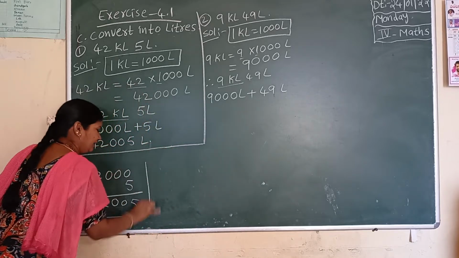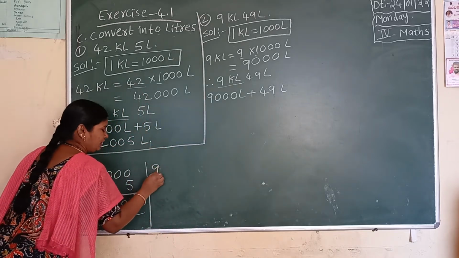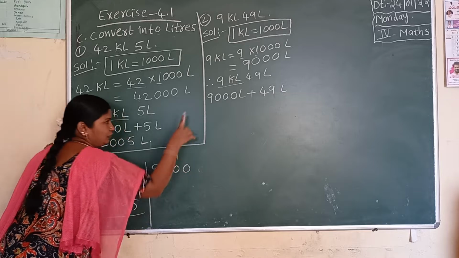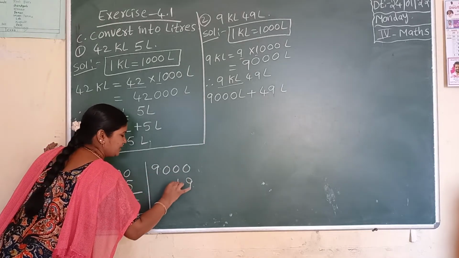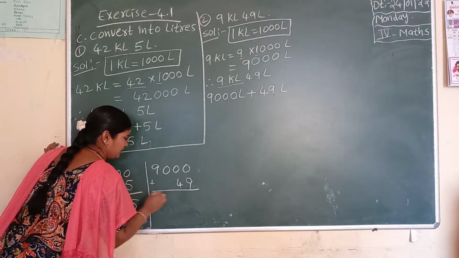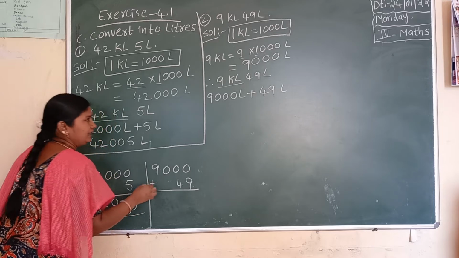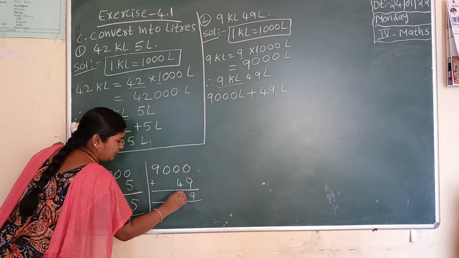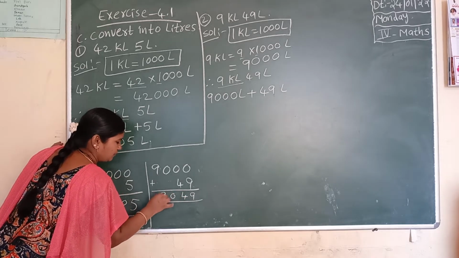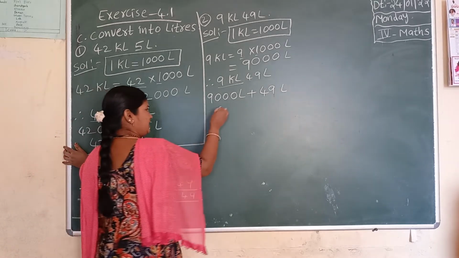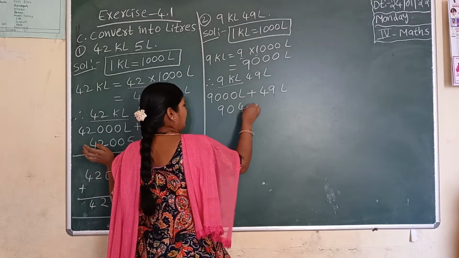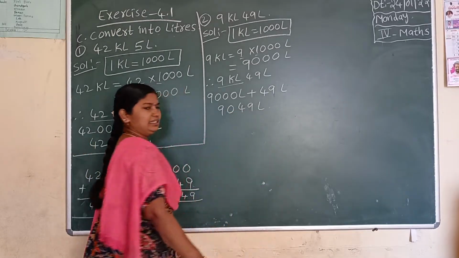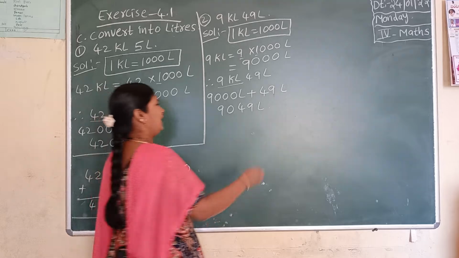Now where do you have to add? 9,000. Ones place, tens place. It is a 2-digit number, so don't write it here. Writing it there means you get the wrong answer. 0 plus 9, 9. 0 plus 4, 4, 0, 9. What is the answer? 9,049 liters. It is our answer.